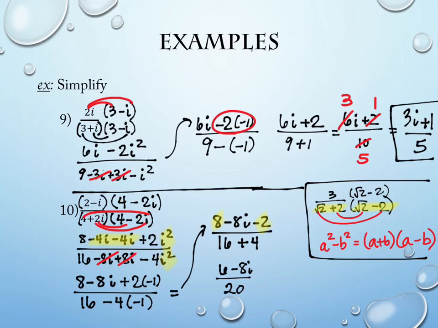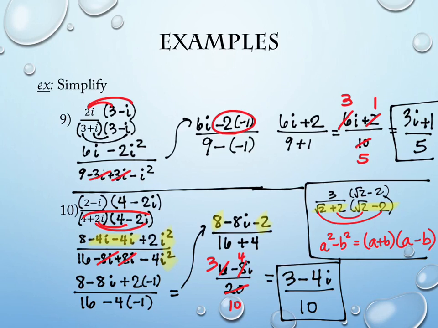I promise they're not always all even at this point. These just worked out that way. So 6 divided by 2 is 3. 8 divided by 2 is 4. And 20 divided by 2 is 10. So I end up with 3 minus 4i over 10 for my final answer there.